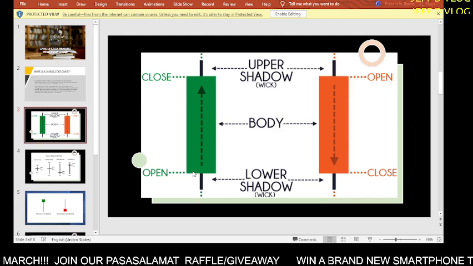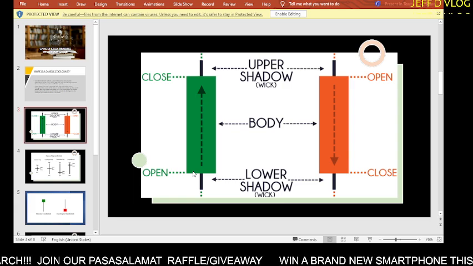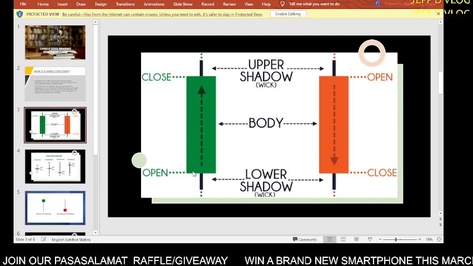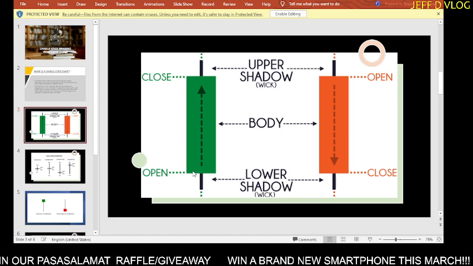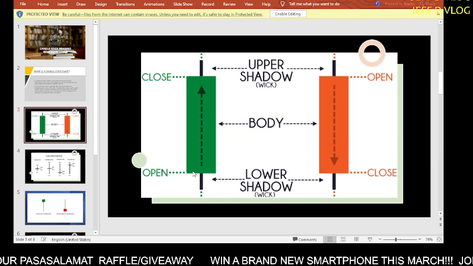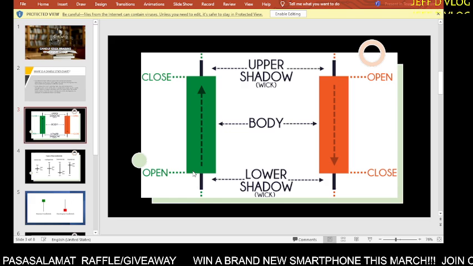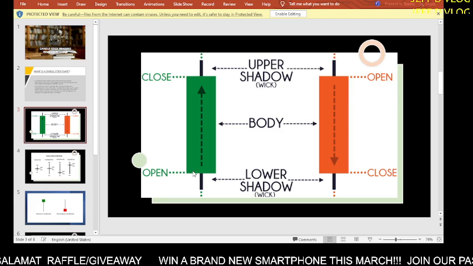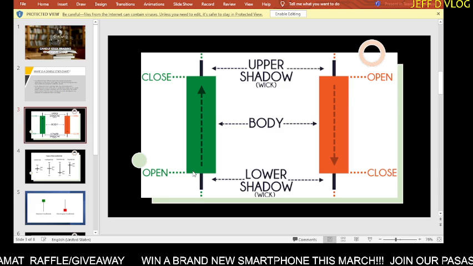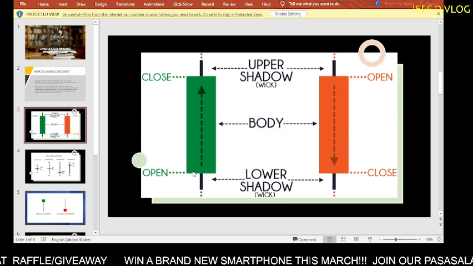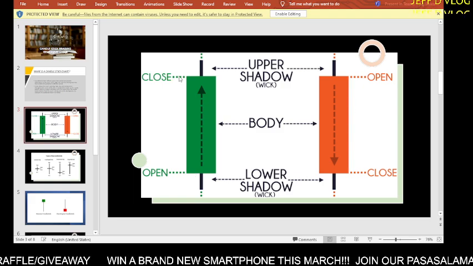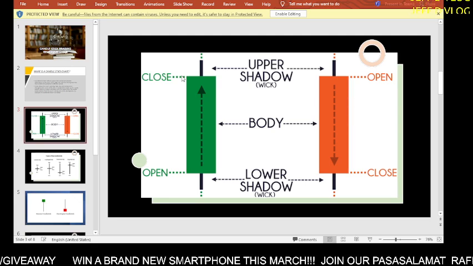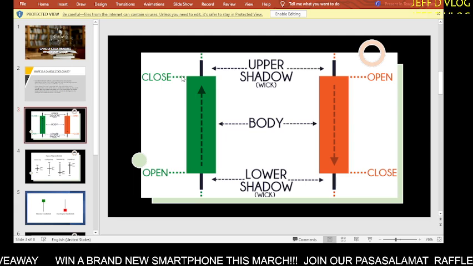Open means it started at that price. Let's say, for example, that in a specific time it opened at 0.30 and closed at 0.50, just as an example.